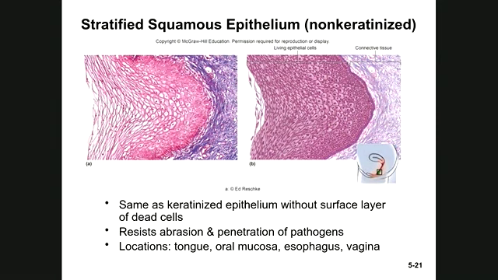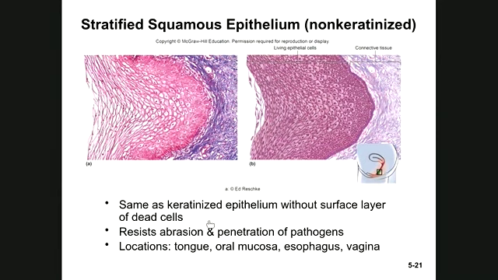So you can see all the nuclei from the base layer to the top layer here. We call it stratified because from the basement membrane you have many layers, and we call it squamous because the cells which make the surface layer are flat in their shape, and we don't have any dead cells on the surface.